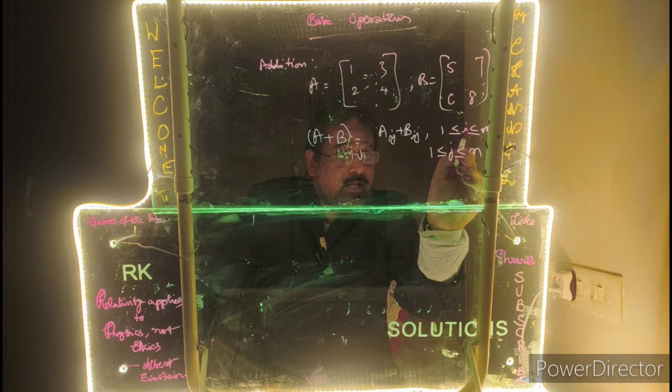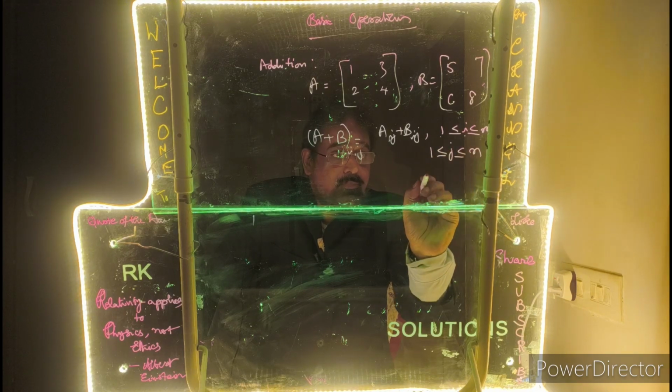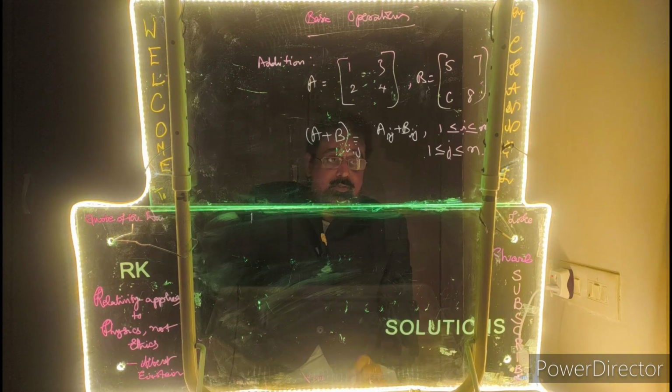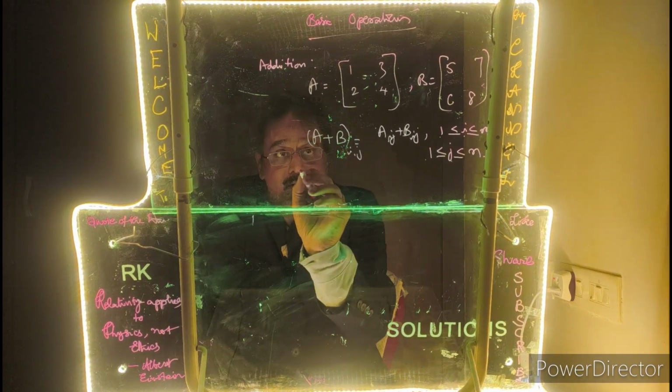Meaning the values of i can range from 1 to n, the values of j can range from 1 to n. So this is the formula.